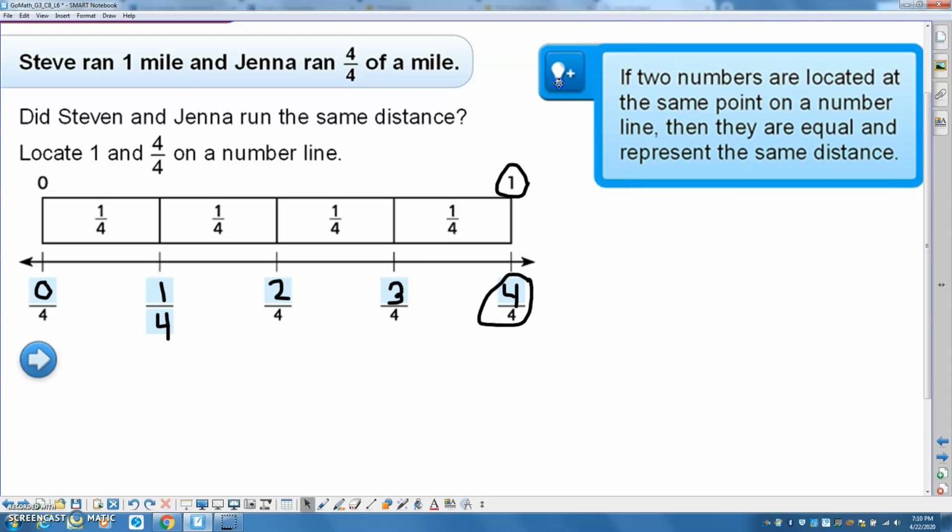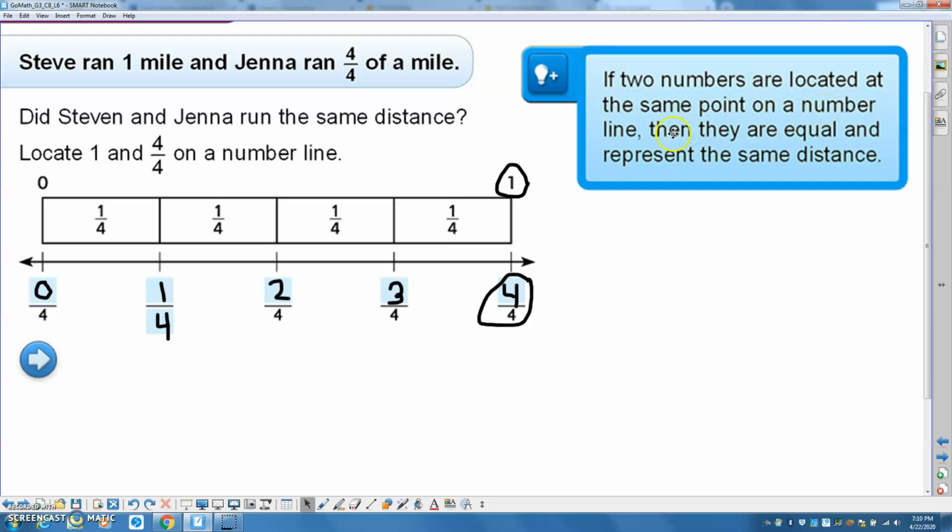If 2 numbers are located at the same point on a number line, then they are equal and represent the same distance. So 1 and 4/4 are on the same line, so they are equal, the same distance, which means Steve and Jenna ran the same distance.